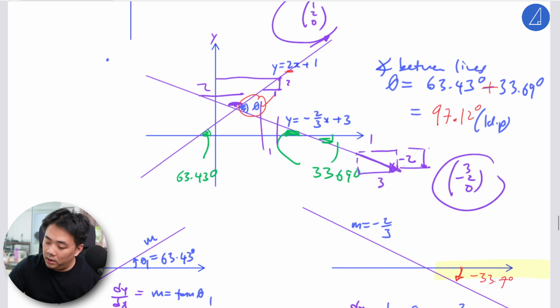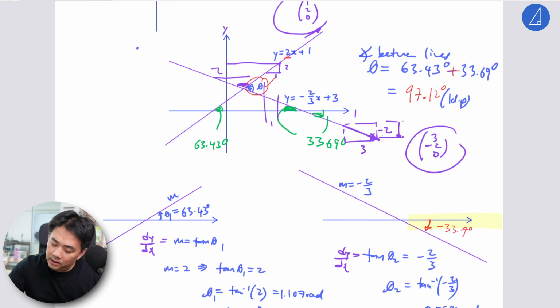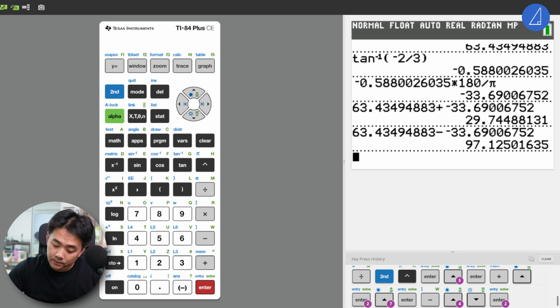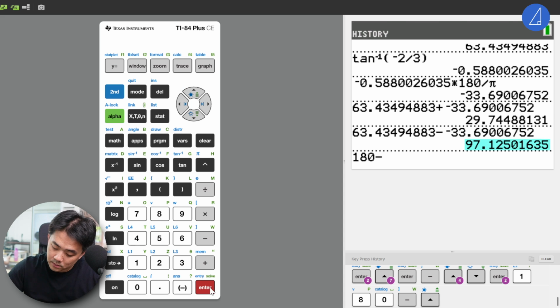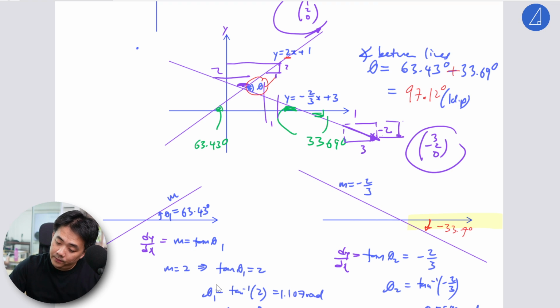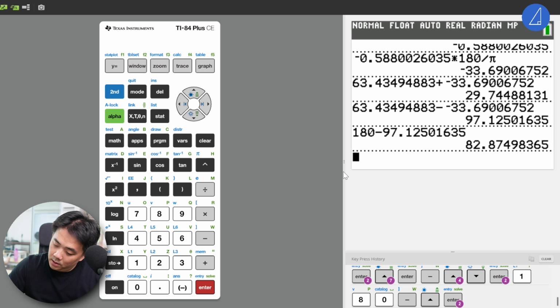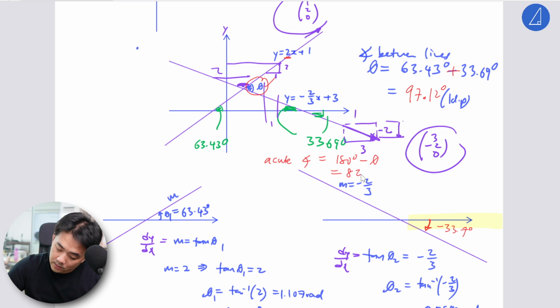So then basically the obtuse angle, so the angle between them will be what? 180 minus theta, which is 82.87. So the acute angle between the lines is 180 minus theta, which is 82.87, which is 82.9 to 1 dp.